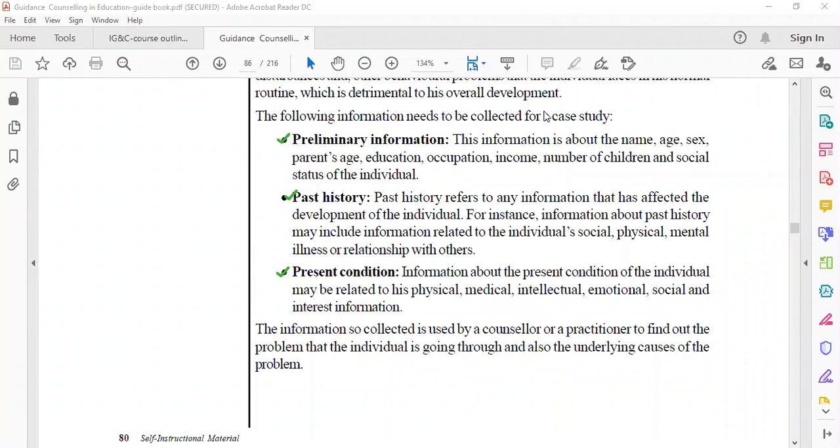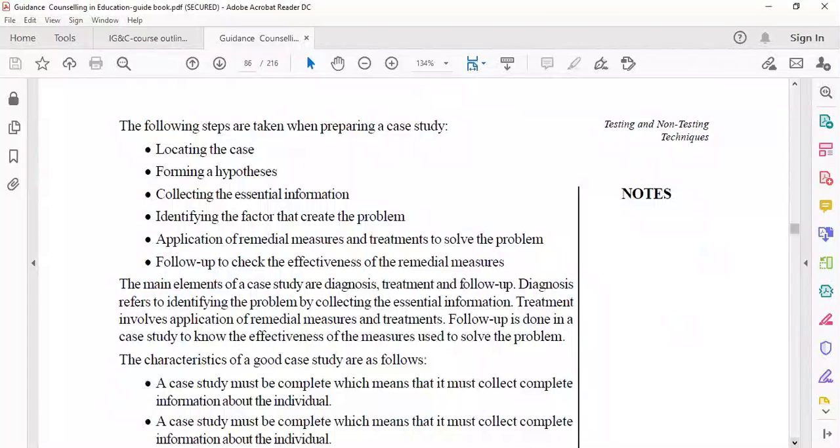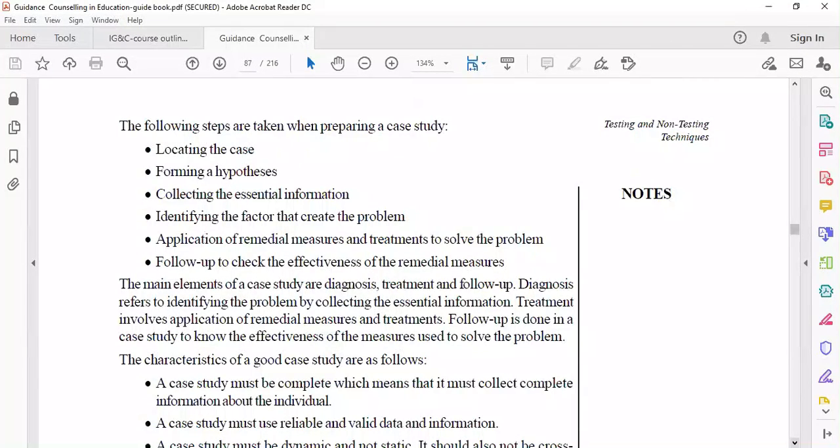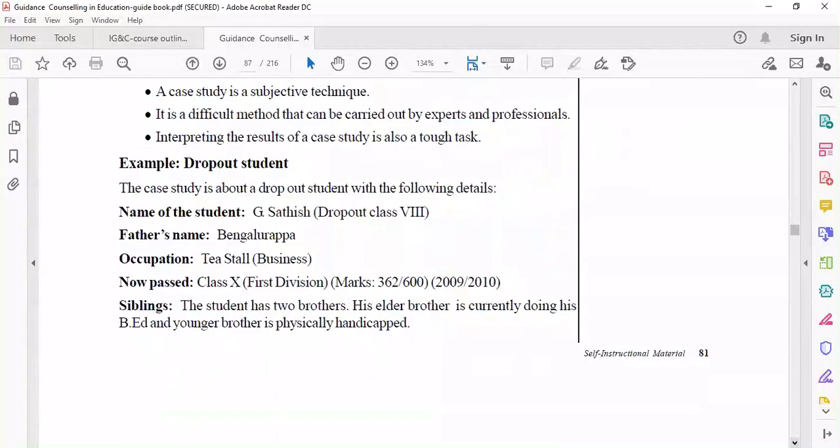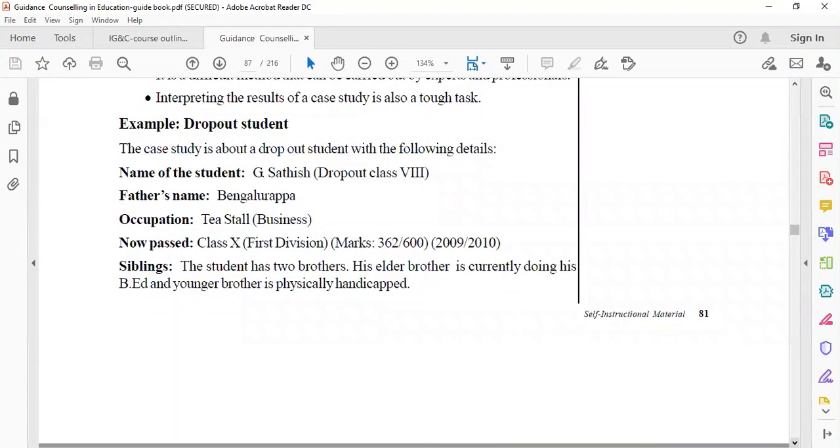We have studied so far three major qualitative approaches through which a teacher gathers information. A teacher can use observation, a teacher can conduct an interview, and a teacher can take a client or a student as a case study. And a case study is very in-depth. It is a process of getting in-depth information.